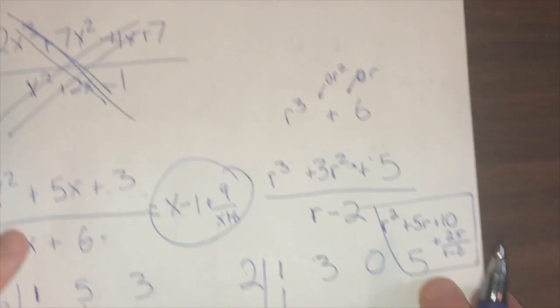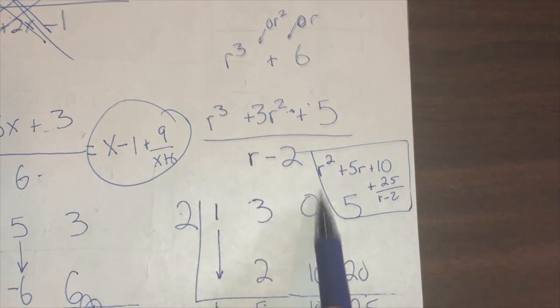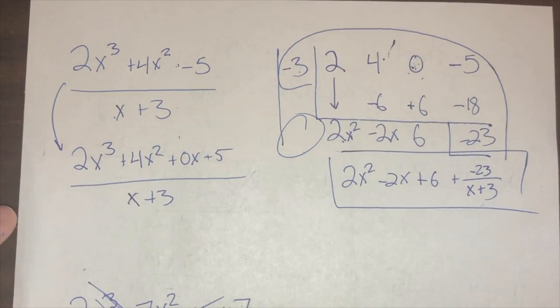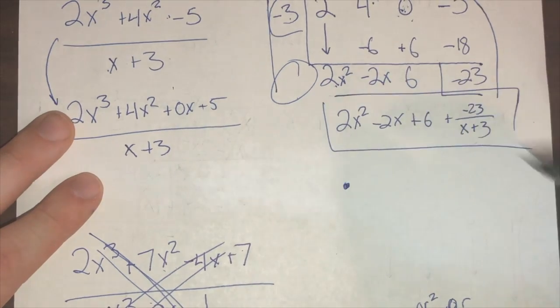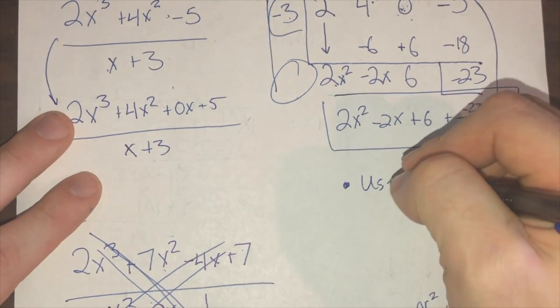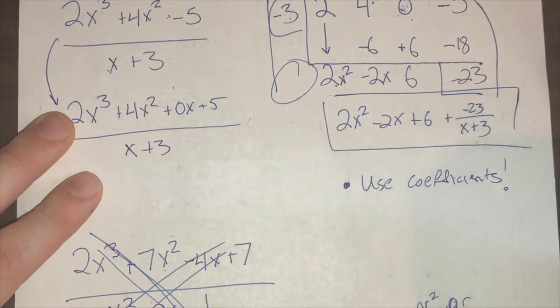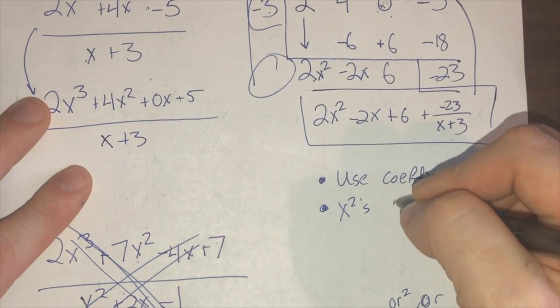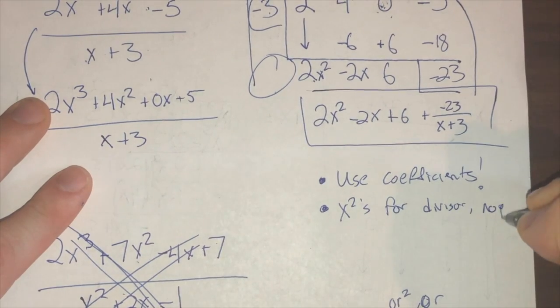Doesn't always work. Last big thing, whenever you see a 0 coefficient, you have to drop that 0 here and up here. If you don't, everything's going to go haywire from there. So again, I'll write it out. 1, use coefficients. 2, x squareds and above for divisor, no good.